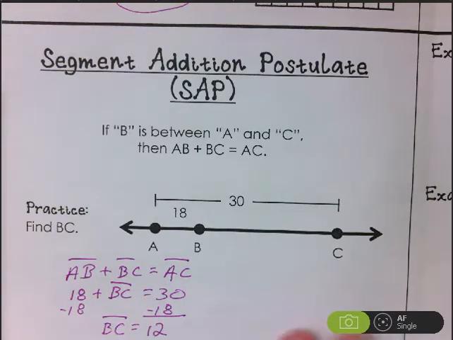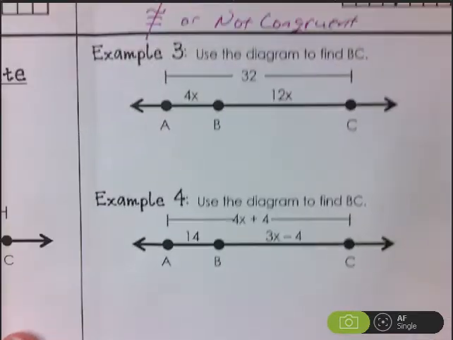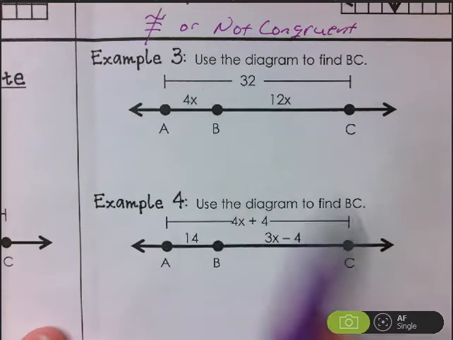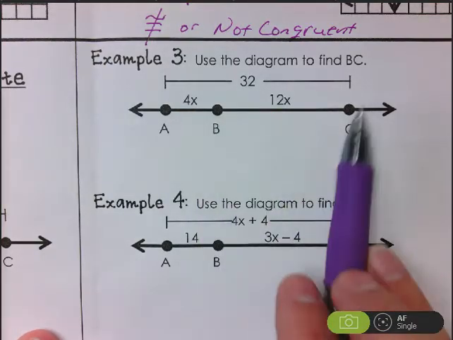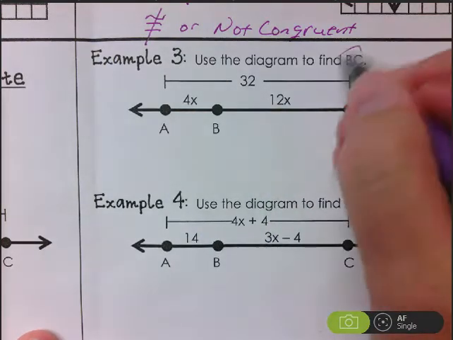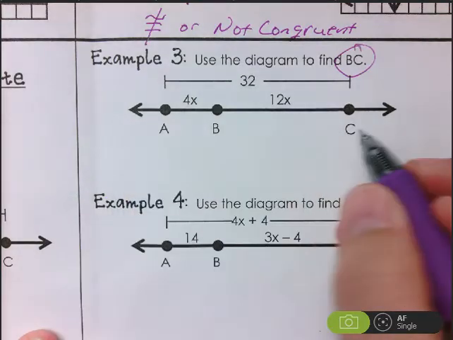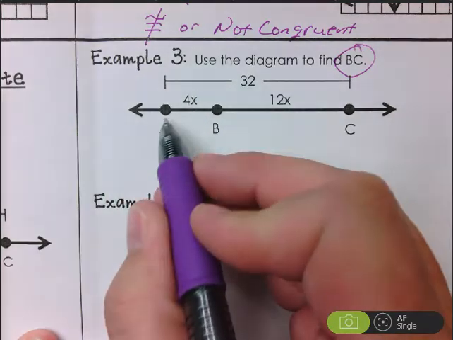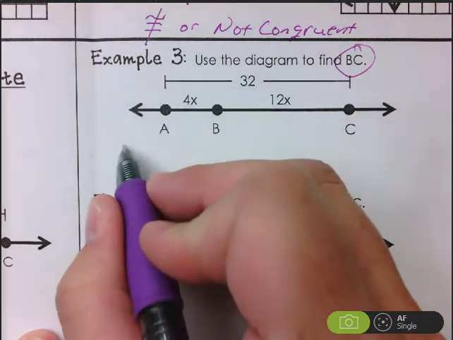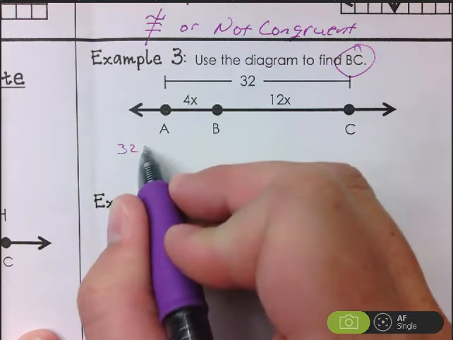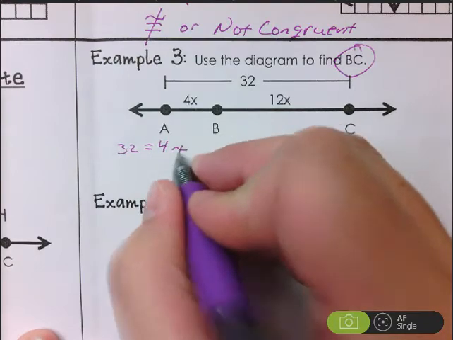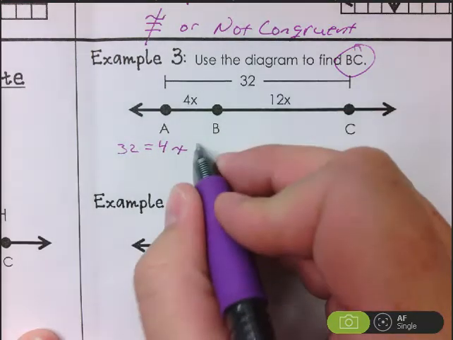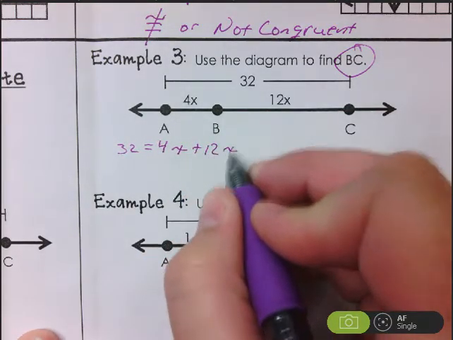Okay? Alright, so let's try some examples over here on the other side. So we're going to use the diagram to find BC. BC is here. That's what we want to find. So again, we know that we have our AC is 32, the whole thing is 32, equals AB, which was 4x, plus BC, which is 12x.